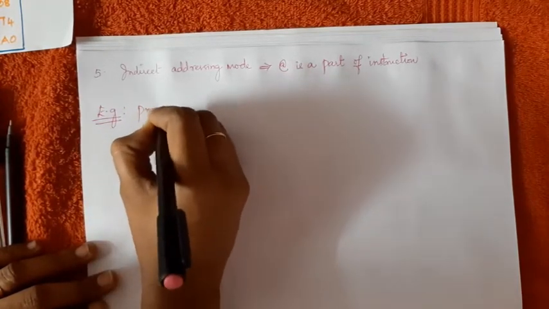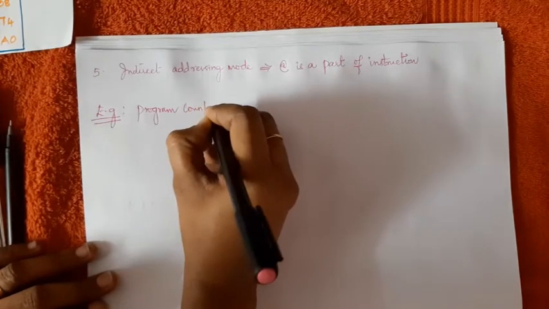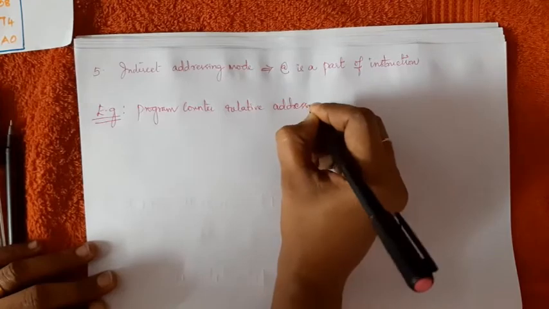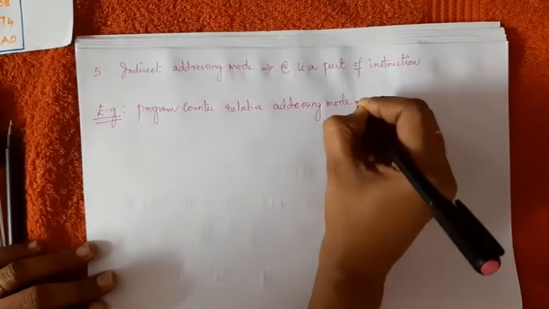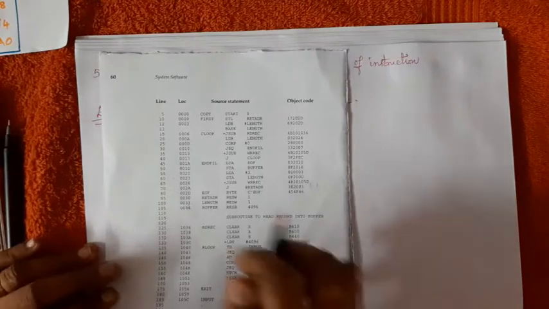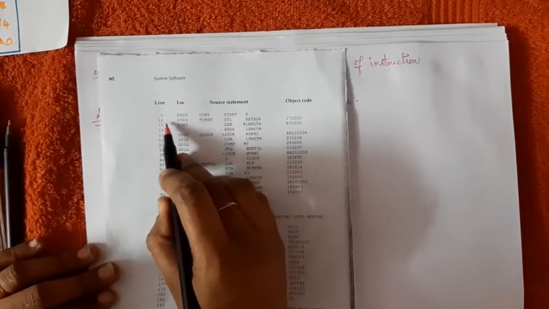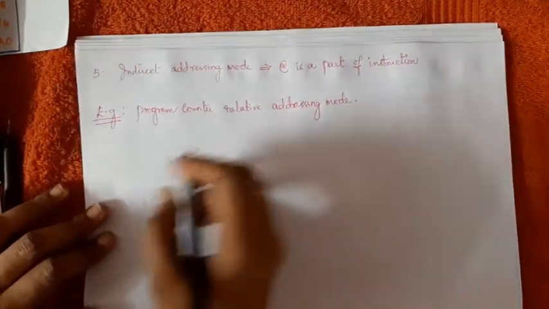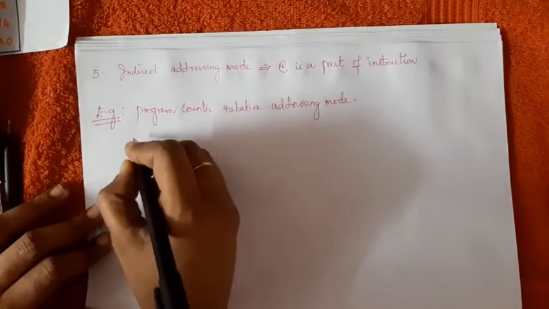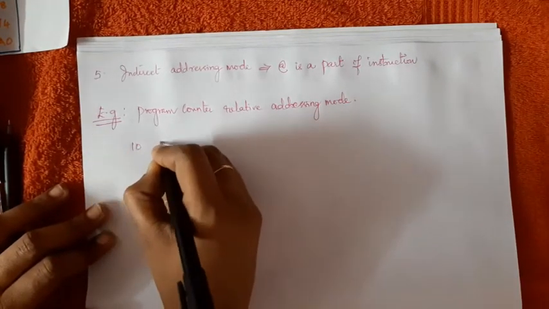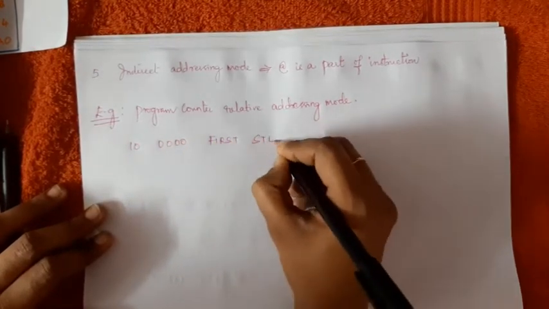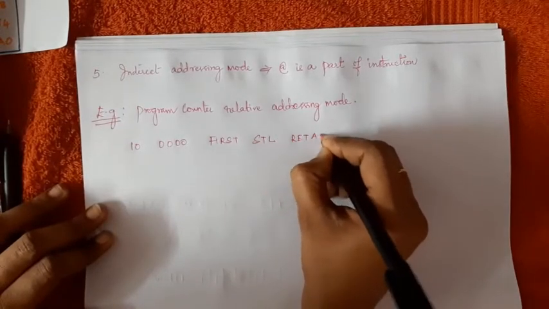Okay, so we'll see an example. We'll write a heading, program counter relative addressing mode. So here we'll take an instruction, 10 0000 FIRST STL RETADR. This instruction we'll take and we'll calculate using program counter relative addressing mode. So I'll write the instruction here, 10 0000 FIRST STL RETADR.